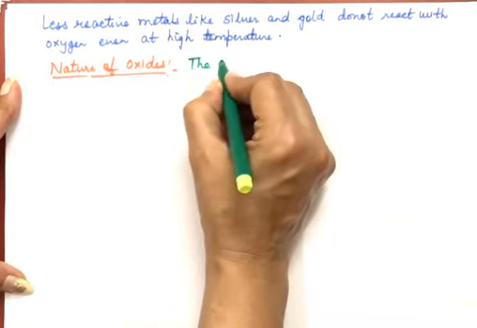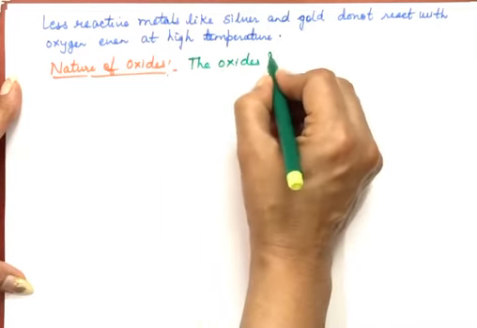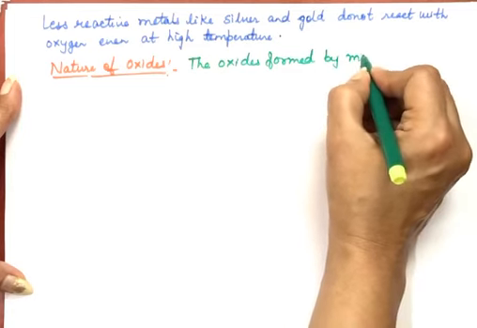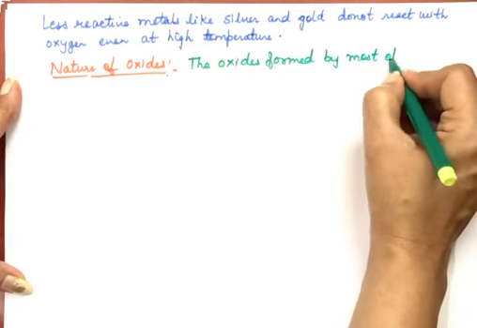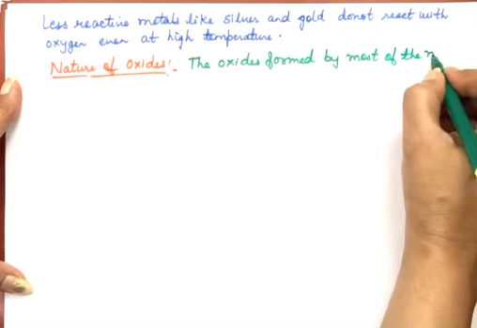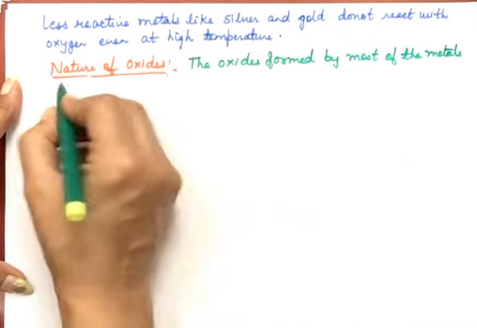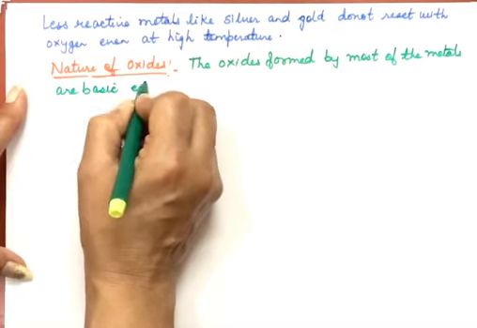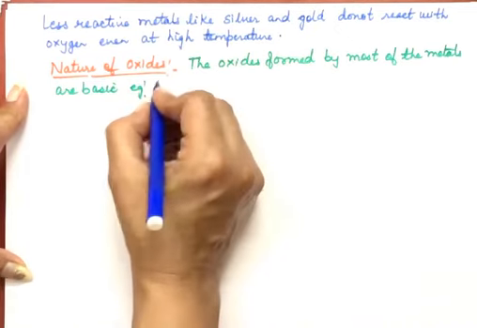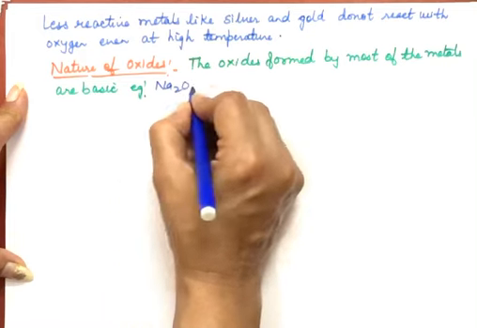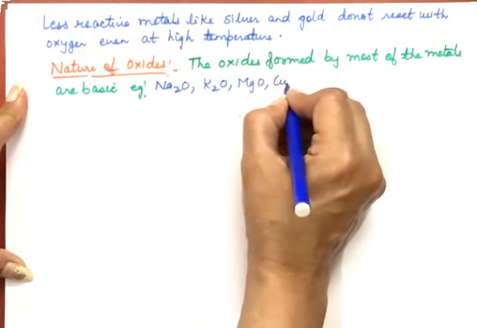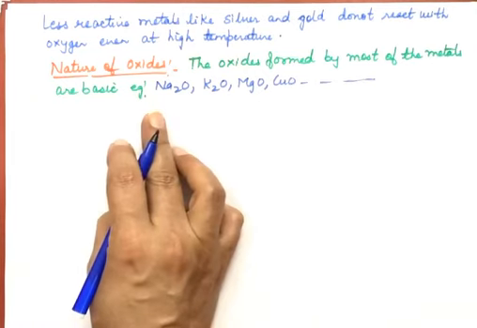The oxides formed by most of the metals are basic in nature. Examples of these oxides are sodium oxide, potassium oxide, magnesium oxide, copper oxide, and many more. So metal oxides are mostly basic in nature.